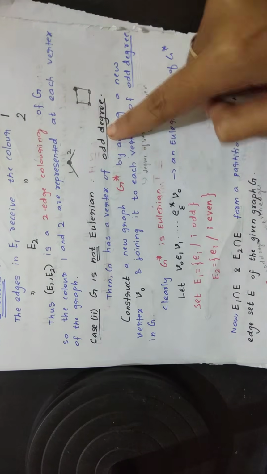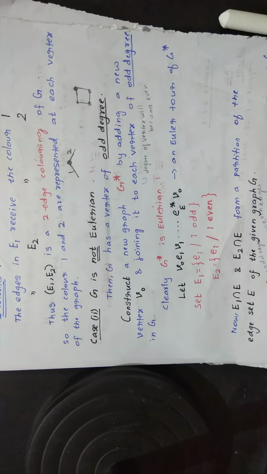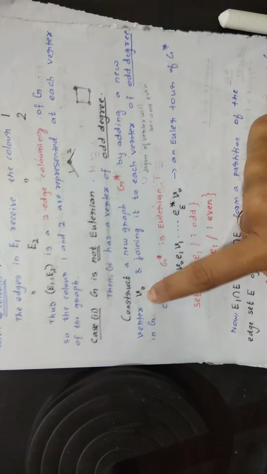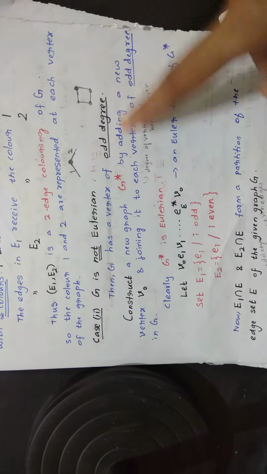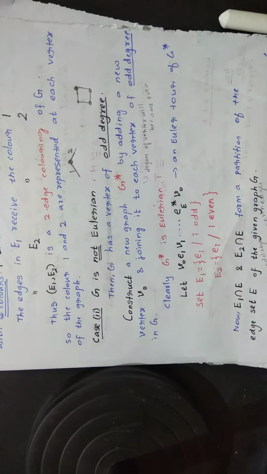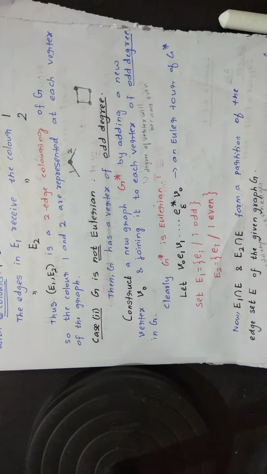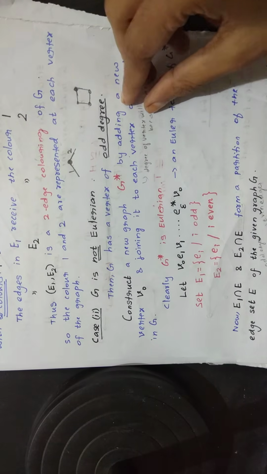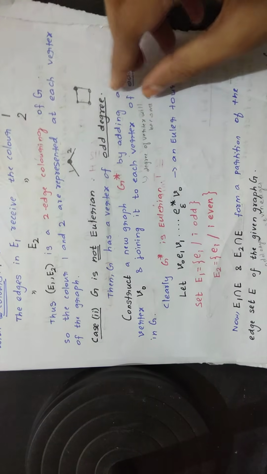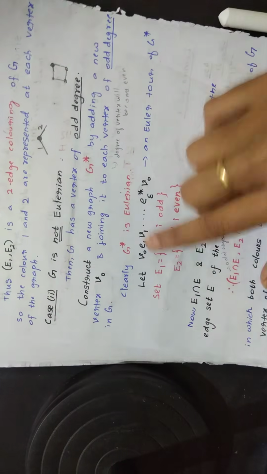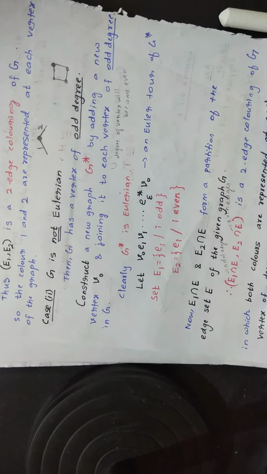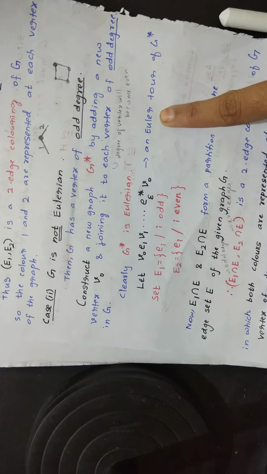In our G, each vertex has odd degree, so you are joining this V0 with the vertices of odd degree. When you join one vertex, the odd degree vertex becomes even degree. So you made it even, and clearly G star is Eulerian. Eulerian means there is an Euler tour. So you are writing like this.